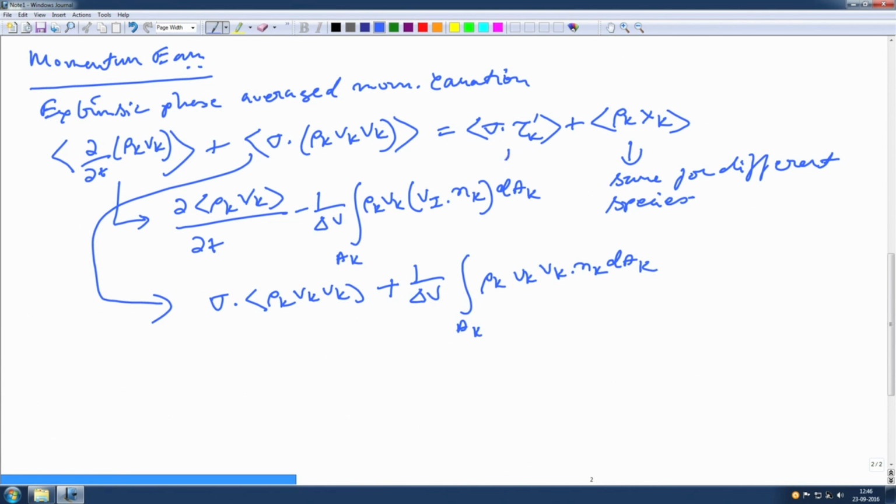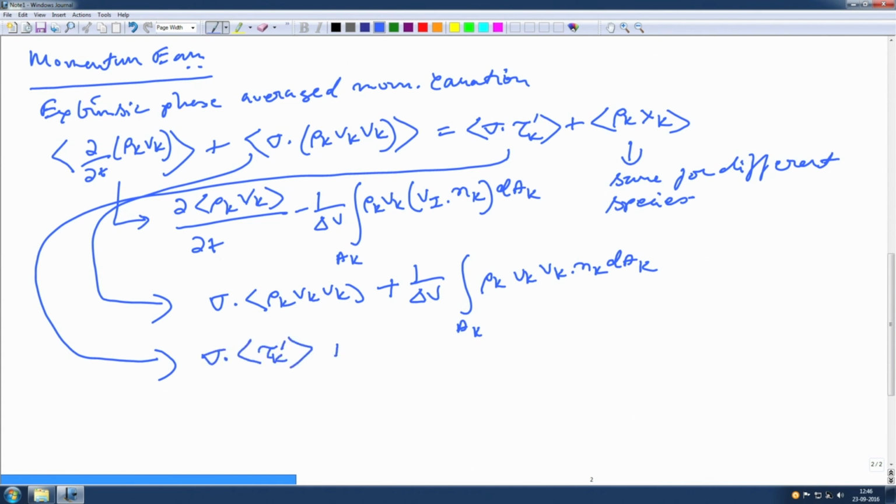Similarly, the third term, which is basically the stress term that we have, and the last term, okay.